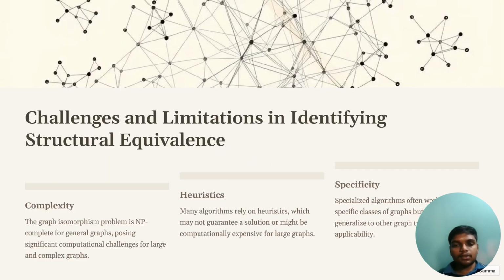Graph isomorphism and structural identity.